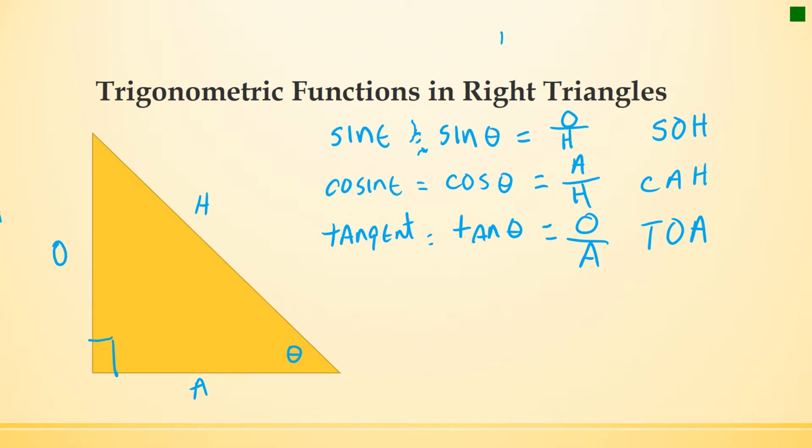And the tangent is the opposite over the adjacent, TOA. Using SOHCAHTOA can help us work our way through the calculations of the 6 trigonometric functions in right triangles.